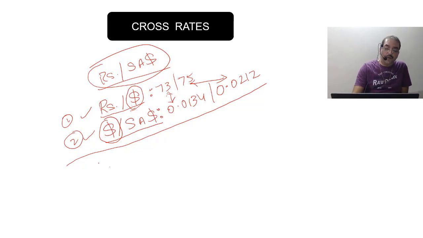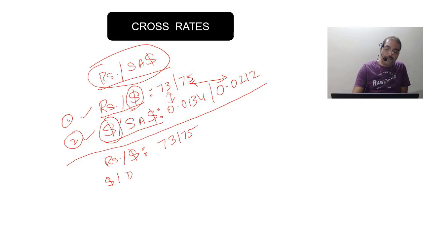Okay. Now suppose the situation was rupees to dollar 73 by 75. And let us take some other currency. Dollar to Deutschmark.